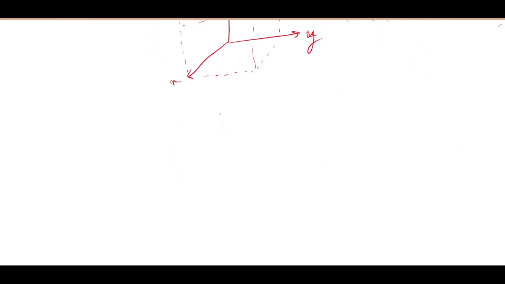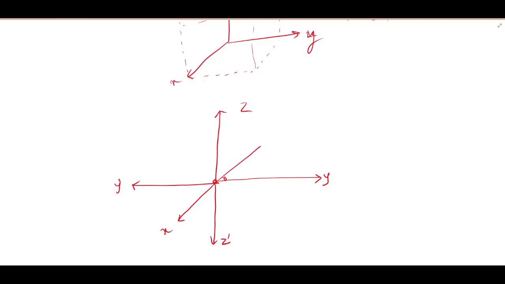We have 8 octants. This is the z-axis, this is point O, this is the negative z-axis, z dash, and this is the y-axis, negative y-axis, x-axis, and negative x-axis, x dash. So this is the first octant.